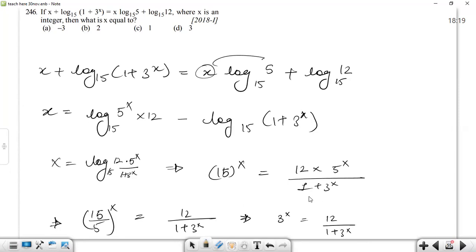Any doubts? We have simply taken this 5 raised to power x in the denominator. Okay. And then if this is the case, then it may be written like this.